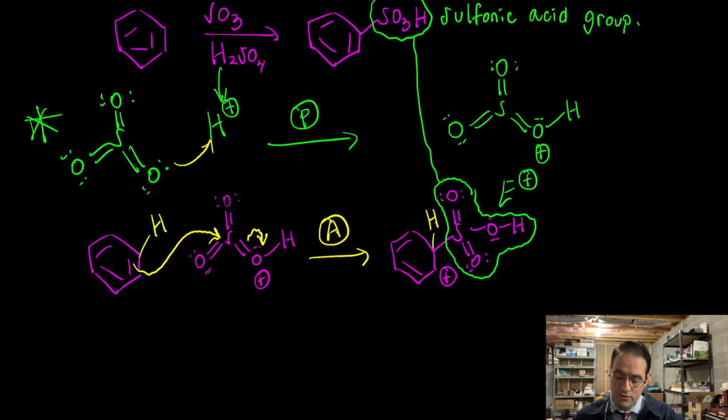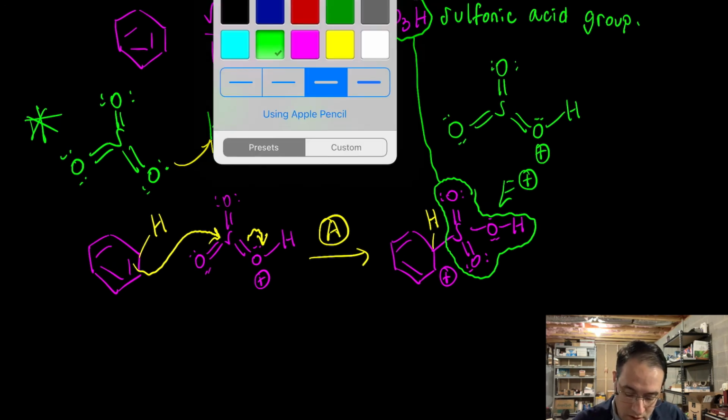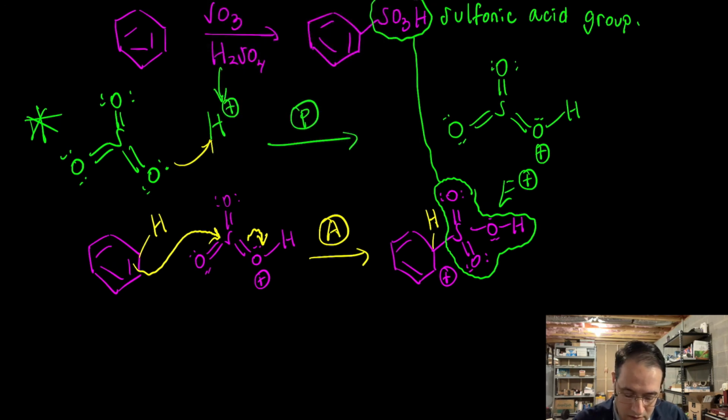So from now on, let's just abbreviate it SO3H, just to keep things simple. The second step here is to regenerate our aromatic ring. We have our benzene that is super stable, and here it's not too stable. So here you've got to watch out.